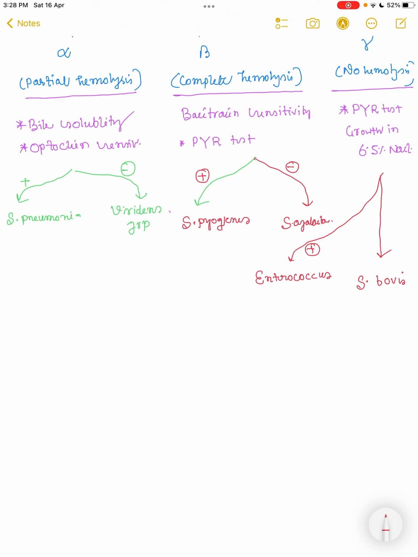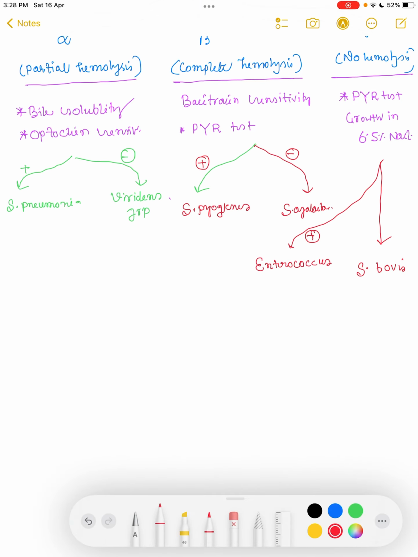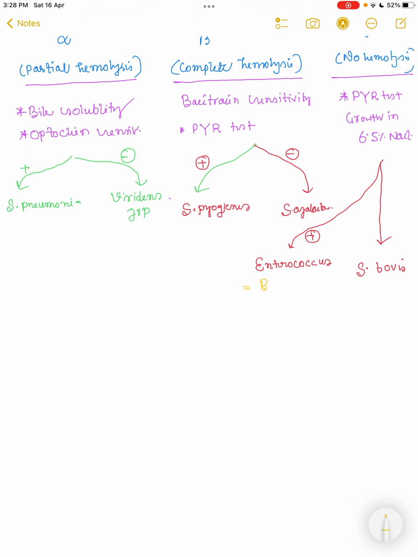And here I just want to add, in case of Enterococci, there is a special bile esculin hydrolysis test, positive. And I just want to mention that this whole table I have got from the USMLE First Aid book.